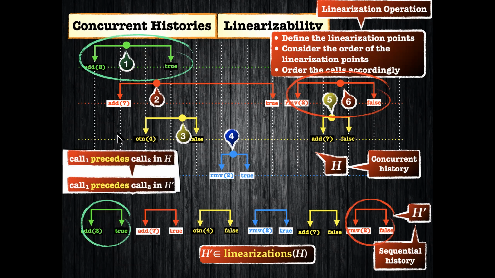Now, defining the linearization points like I described gives you this nice property, which is exactly what I said in the beginning: if you have two calls, call 1 and call 2, and call 1 precedes call 2 in the concurrent history H, then the same thing happens in the sequential history that you obtain by linearizing H. So in other words, the precedence ordering is preserved through the application of the linearization operation to a concurrent history.